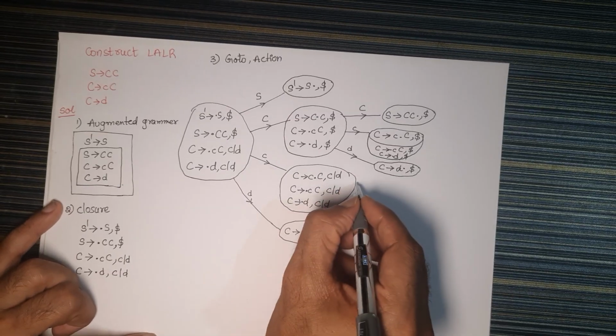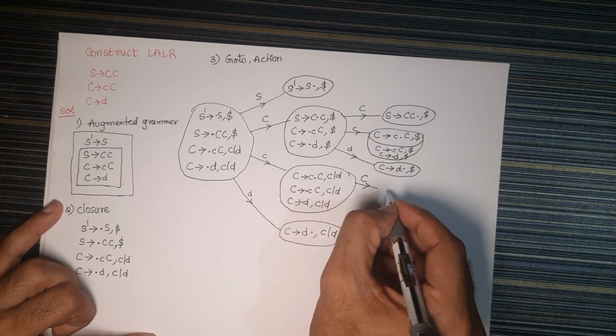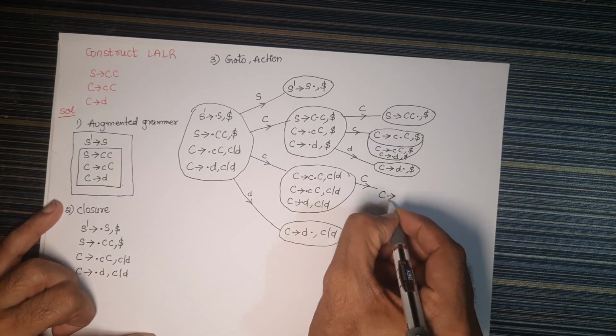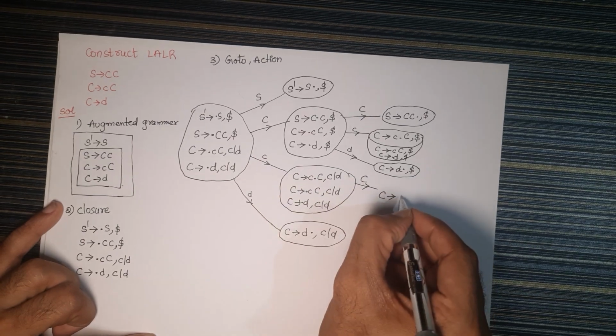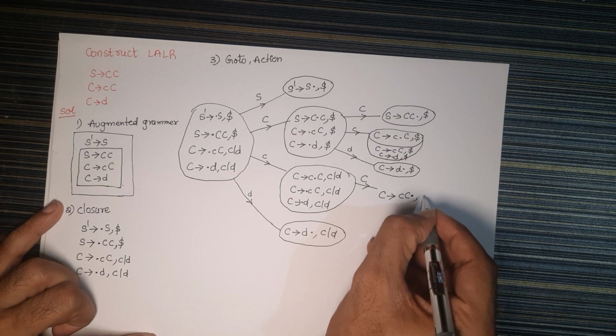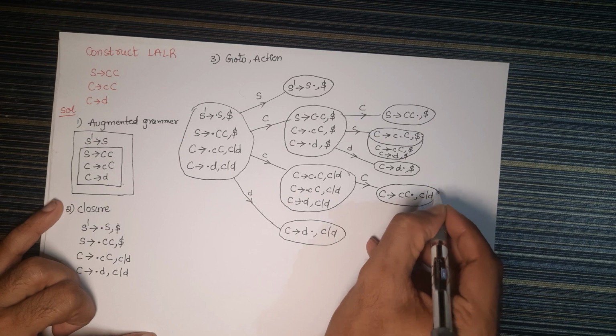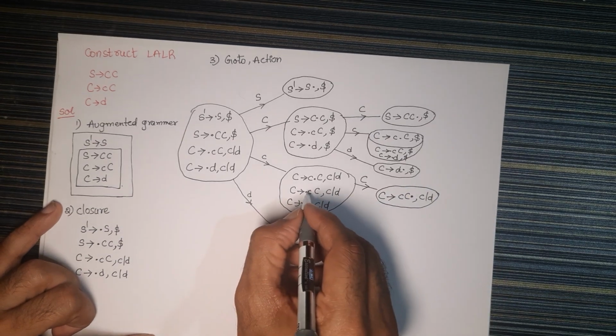Okay, now you see the next one, capital C is there. So how to find this capital C value? C tends to C dot C will become C tends to C dot C, comma, C by D. Okay, so next one, small c is there.